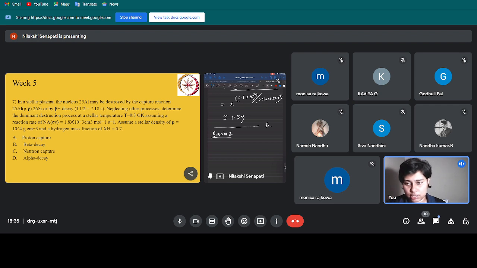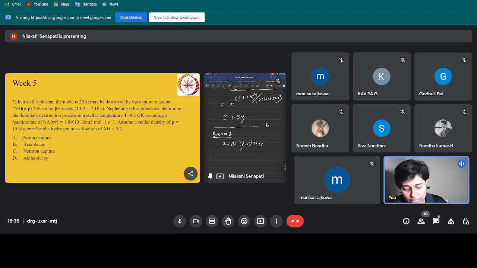And how will you understand that? Because in a neutron capture, obviously there has to be some neutron in the reaction. You can see that the reaction is written as 25Al(p, gamma)26Si.